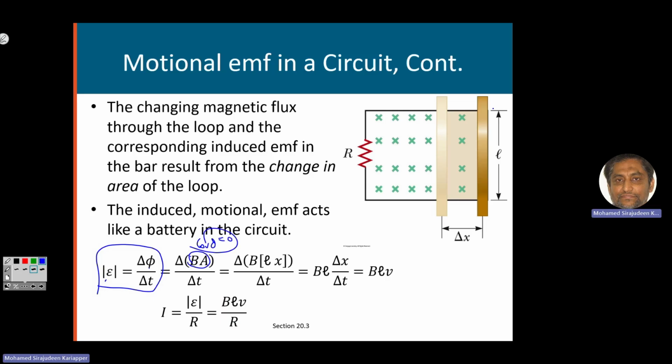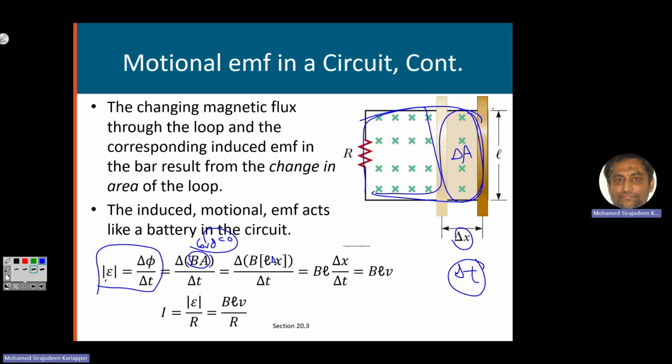So it is BA. Now let's say we move this by a displacement of delta x in a time of delta t. The area has increased from here to this. So delta A will be this part.